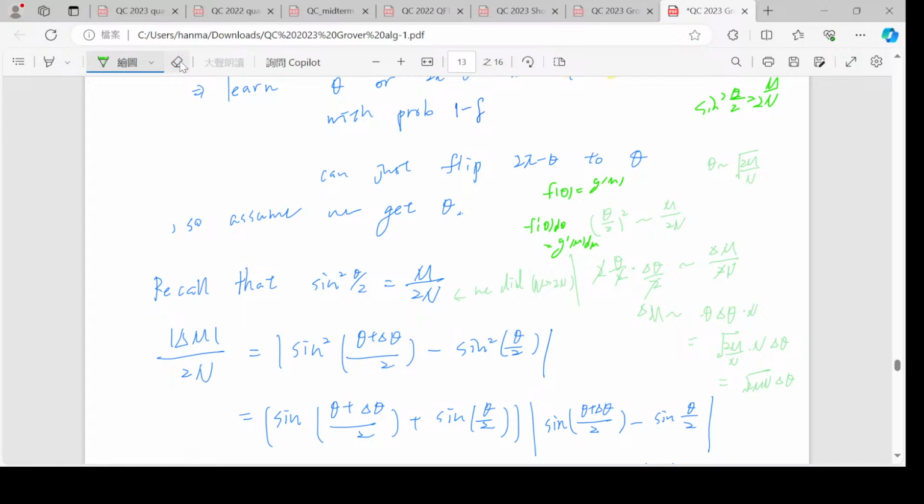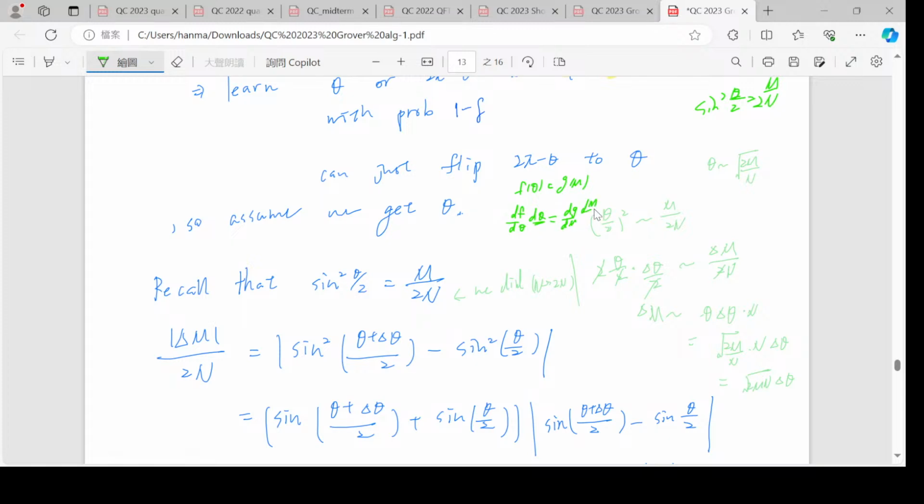Although this is funny, let's try to write a more careful justification. This is some trick we are doing. We have f of theta equal to g of m, and what we are doing is df over d theta times d theta equals dg over dm times dm.